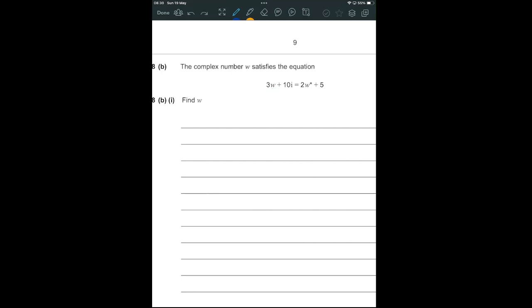That's not going to help, so we're not going to do that. The much better technique is just to replace W with the complex form and sub it in. So we've got 3x plus 3yi plus 10i, then 2x minus, because it's the conjugate, 2yi plus 5.